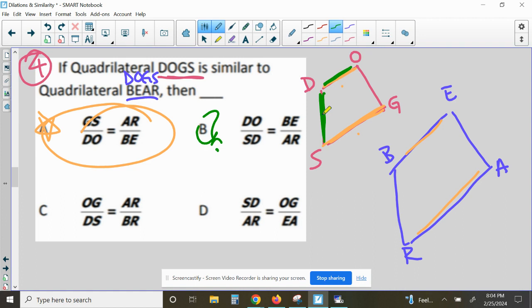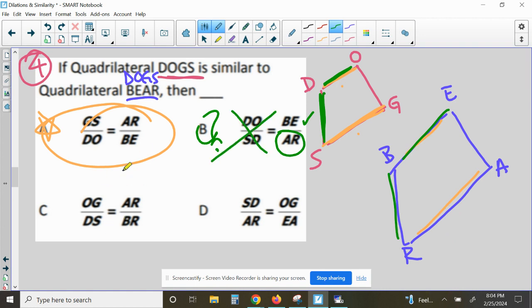This piece over that piece. So that means it has to be BE over this piece, BR. So BE, that looks good. But what about this? No, because if we went this one over that one, we would have to do this one over this one. And AR is down here. So this one is not going to work.